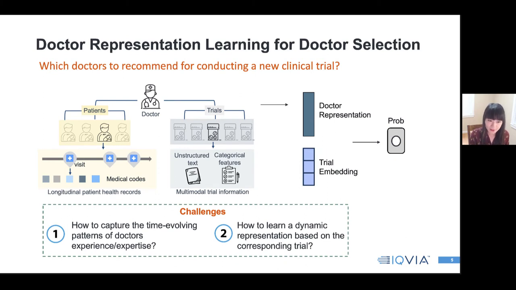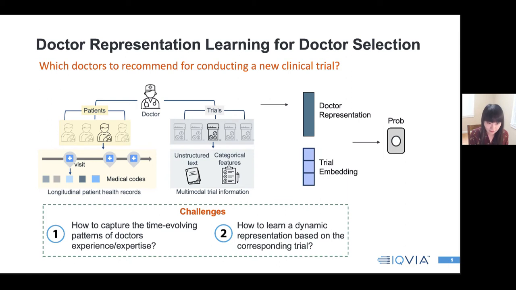Therefore, we aim at developing an efficient representation learning method for doctors and their functions in the clinical trial ecosystem. From the data perspective, each doctor has seen a set of patients whose health conditions are encoded by longitudinal patient EHR.